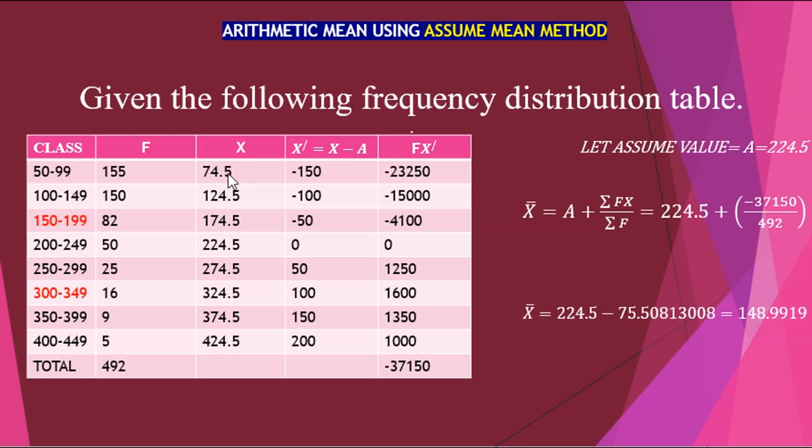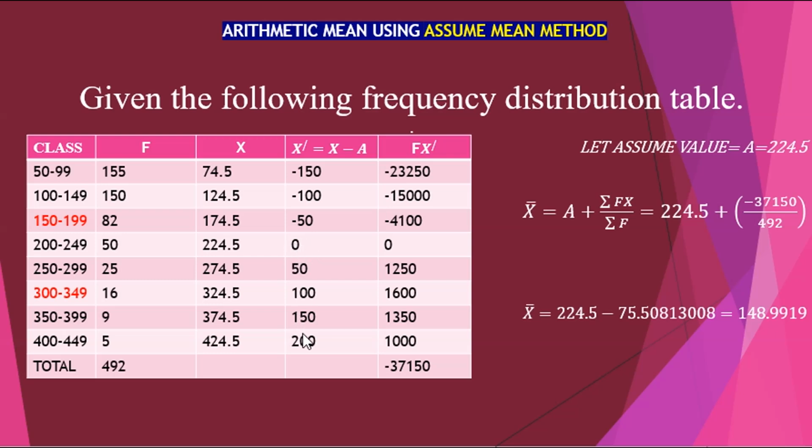Therefore, 74.5 minus 224.5 gives us minus 150, and as well 124.5 minus 224.5 gives us minus 100. Now this value 224.5 minus 224.5 gave us 0. That's why we have this value 0.